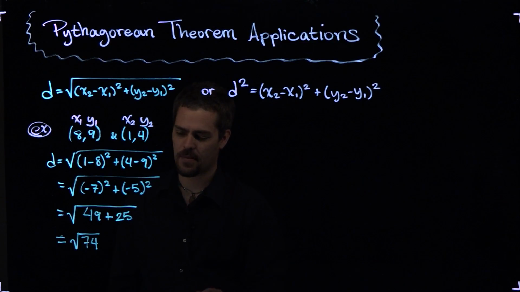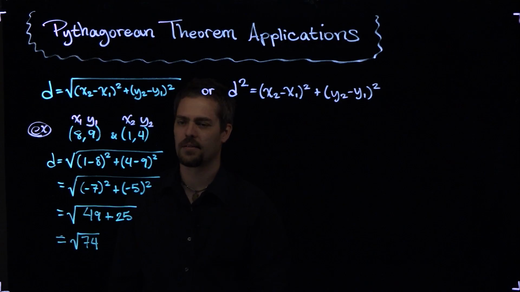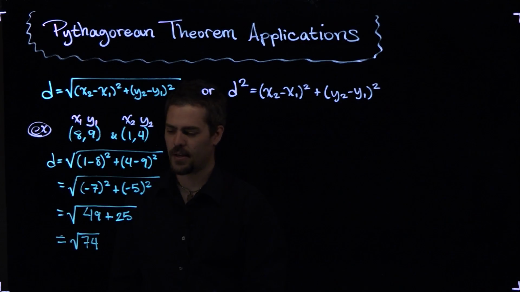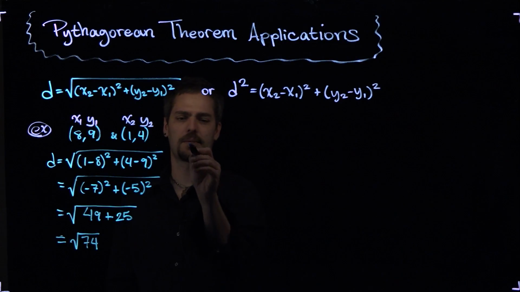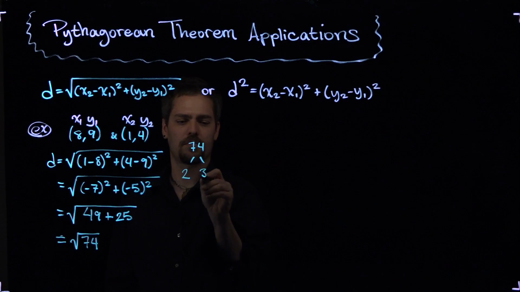But I could say that this is the distance in the end. And I don't know if I'm talking about inches or feet or just units, but keep that in mind relative to the problem. Can this be simplified? I'm just curious. Let me take this 74. 74 is at least 2 times something, 37?